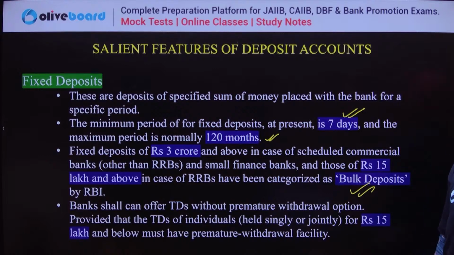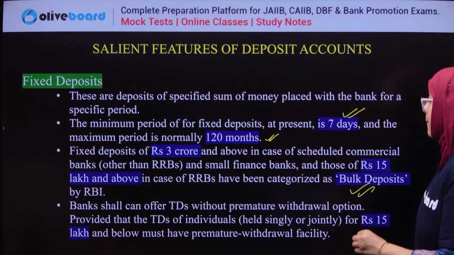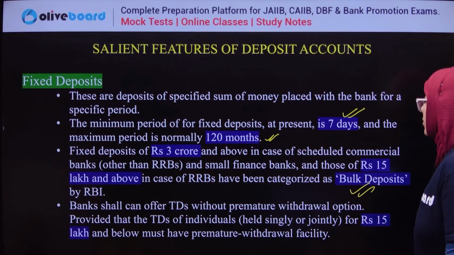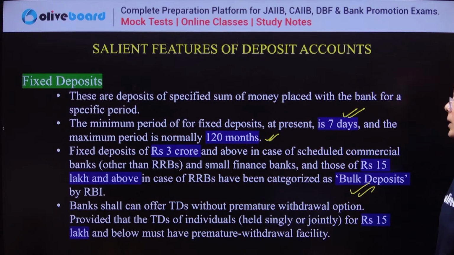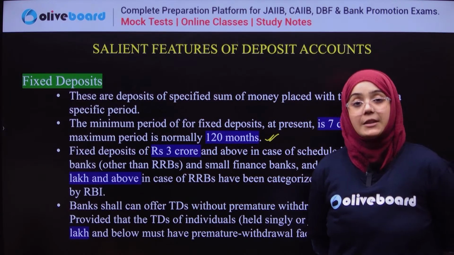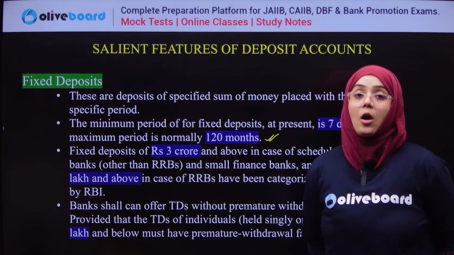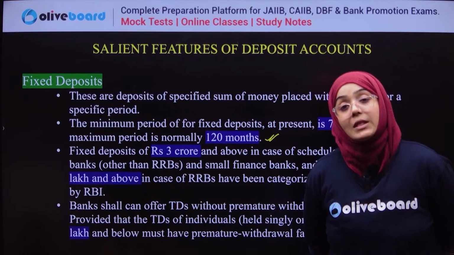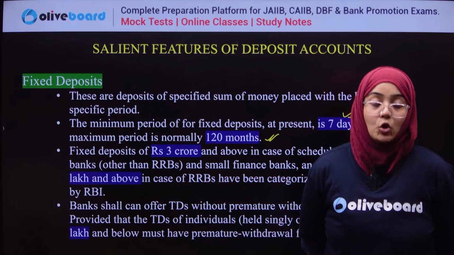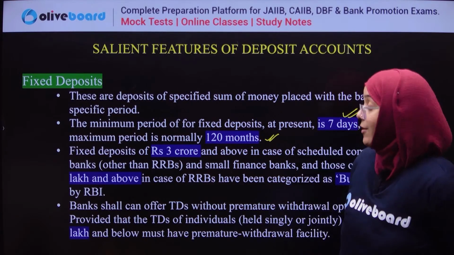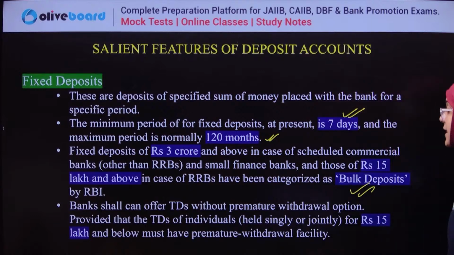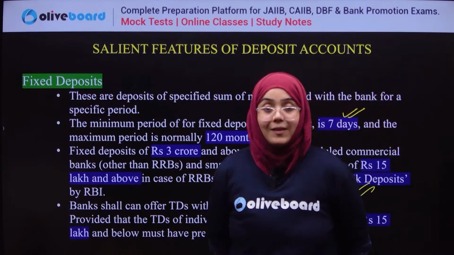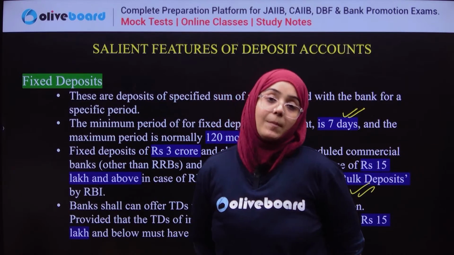So bank shall offer different term deposits with or without premature withdrawal option. The bank can offer this facility with premature withdrawal option also, and without premature withdrawal option also. If the bank is offering the premature withdrawal facility, it is compulsory for bulk deposit.